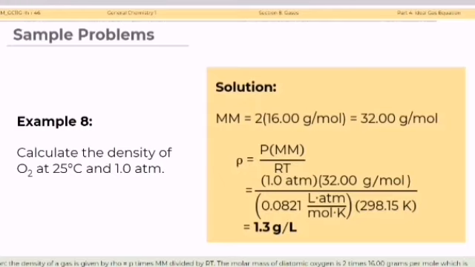Substituting this and the given values to the equation for density, ρ equals 1.0 atm times 32.00 grams per mole divided by the quantity of 0.0821 liter atmosphere per mole Kelvin times 298.15 Kelvin, giving the answer of ρ equals 1.3 grams per liter. The ρ only represents the density.